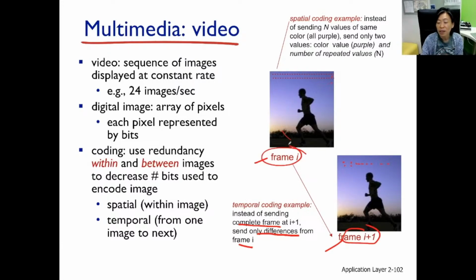If we take a subtraction, the newer frame minus the older frame, you get very little difference. Most of the pixel differences are probably just zero. Then it's much easier to send a whole bunch of zeros, which you could do with just zero and the number of times the zero repeats itself. So this is a combination of spatial and temporal redundancy exploitation.